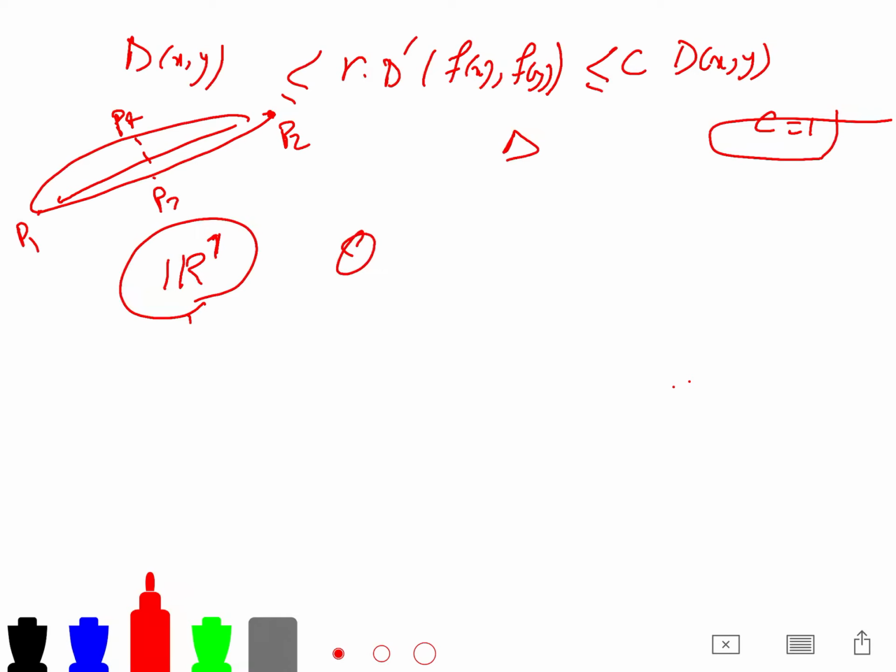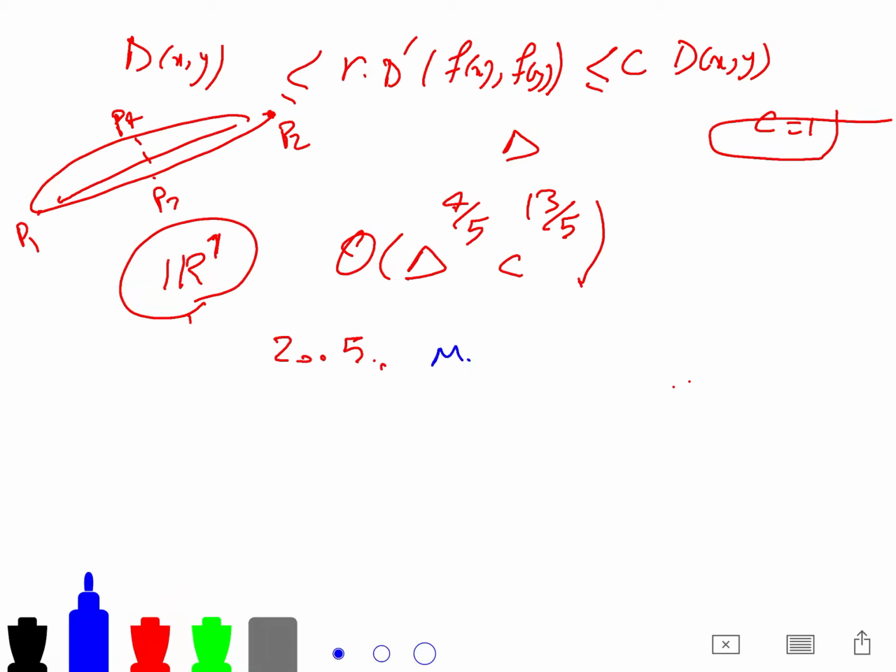We construct an embedding with distortion of order of delta to 4/5 and C 13/5 for unweighted graph in 2005, M. Badoiu, approximation algorithm for low distortion embedding into low dimensional spaces. So I'm just reviewing that 2005 article.